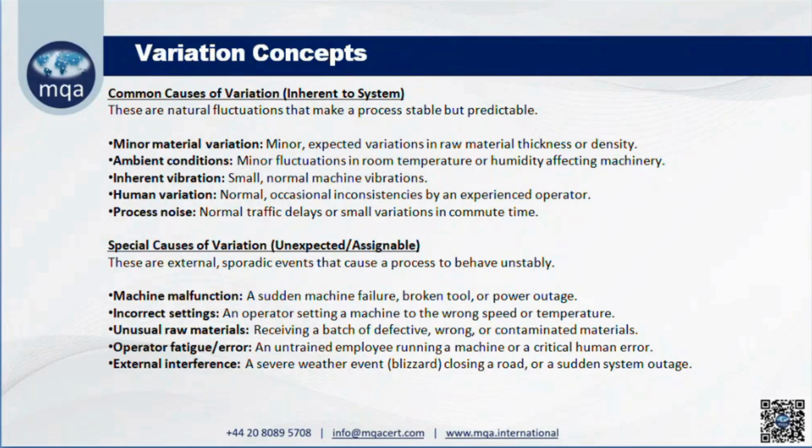They will cause very minuscule, 0.00001% damage or impact on the raw material that no one can control. In ambient conditions, fluctuations in room temperature or humidity affect machinery, along with inherent vibrations, small and normal. We say white noise in the background. Some vehicles, some AC, some cooler, some noise. That also is a constant you cannot control.